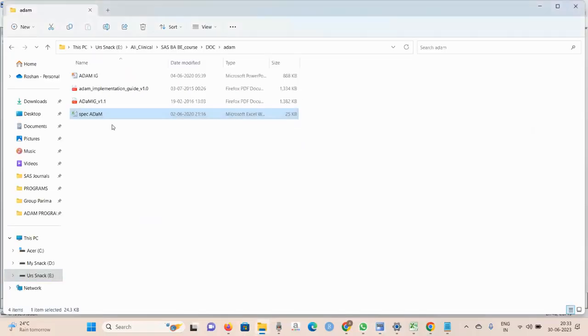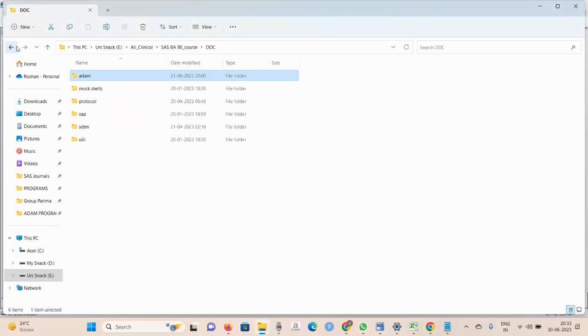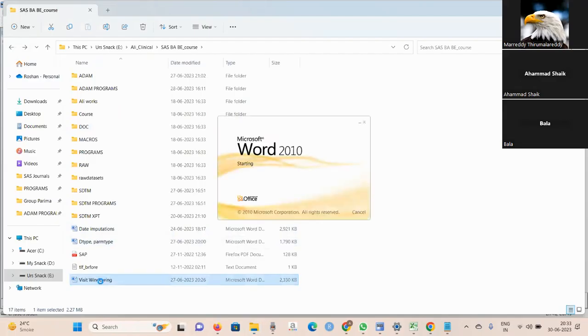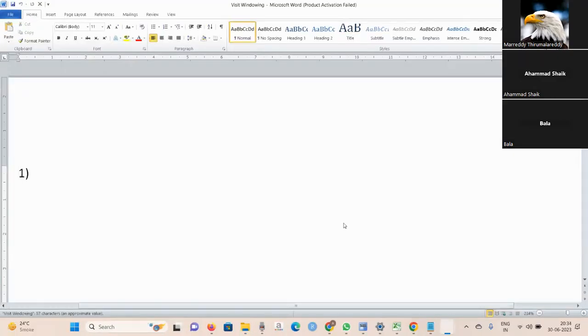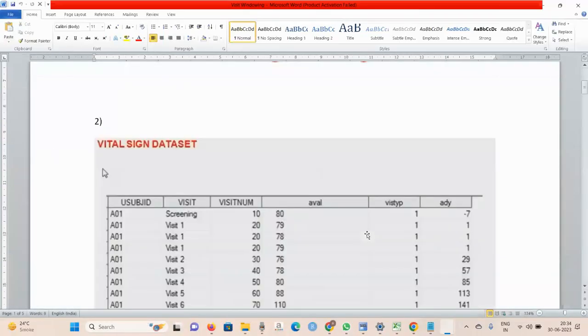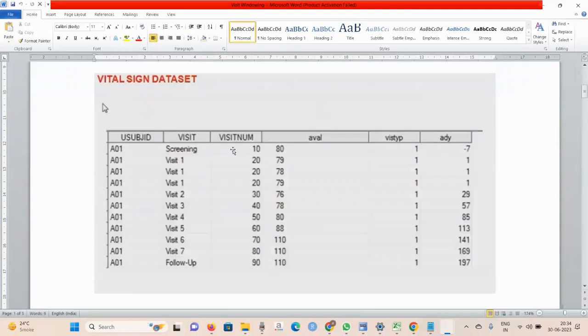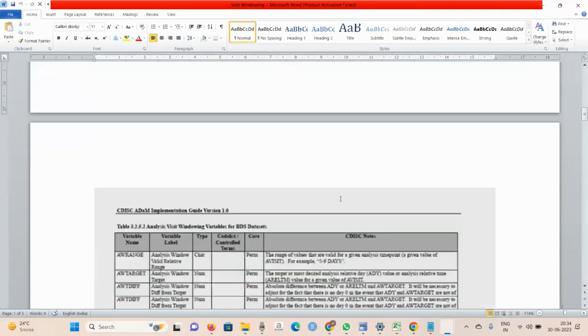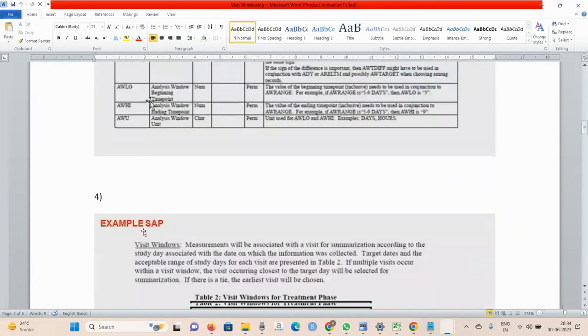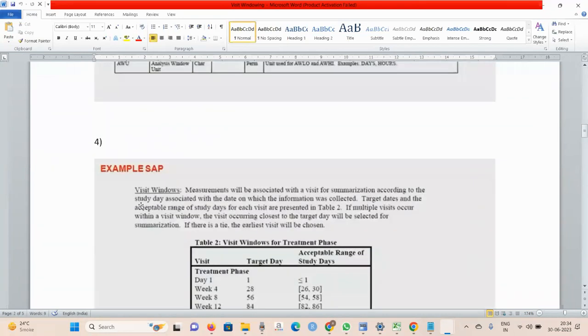For visit windowing, did I send it or not? Yeah, I have sent it. In the last class I mentioned AWTARGET, AWDIFF, AWLO, AWHI, AWU. This is one of the examples of visit windowing.